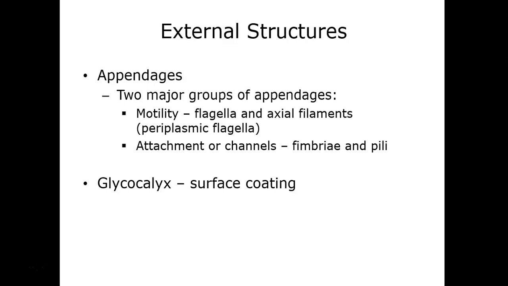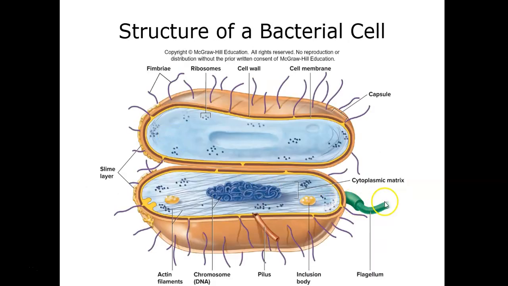So we're going to talk about flagella, which are these long whip-like tails that you see back here that extend off of one of the sides of the cell. We're going to see that they can either be polar, meaning that they come off of one end, or there are cases where flagella can be found over the surface of the entire cell. So we have some different arrangements of these flagella, which again are turned in a particular direction to propel the cell forward.